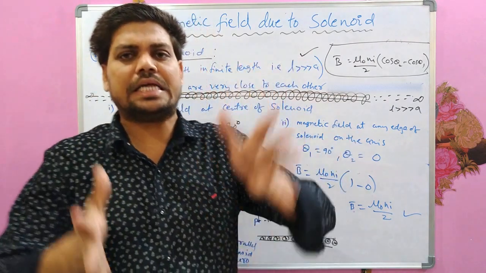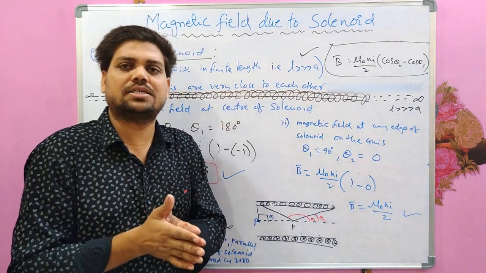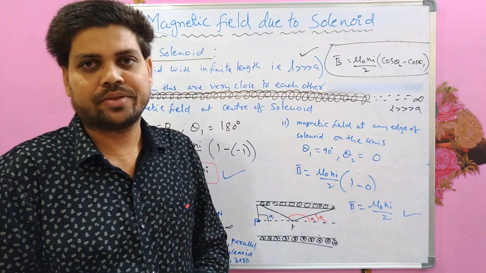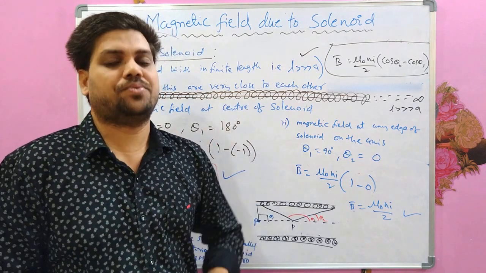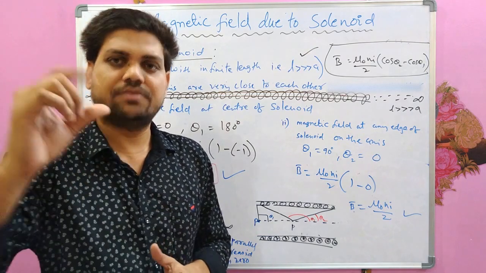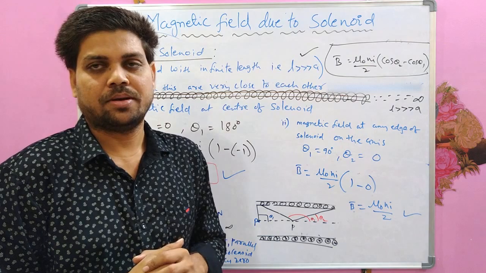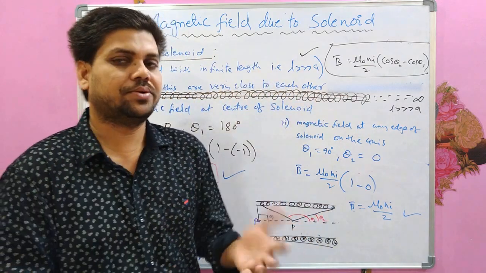But if the solenoid is infinite in length, the magnetic field lines are straight, parallel and equidistant in the interior of the solenoid. And outside the solenoid, the magnetic field is considered as 0 because of its smaller radius. But for finite length, you cannot assume the magnetic field outside 0.